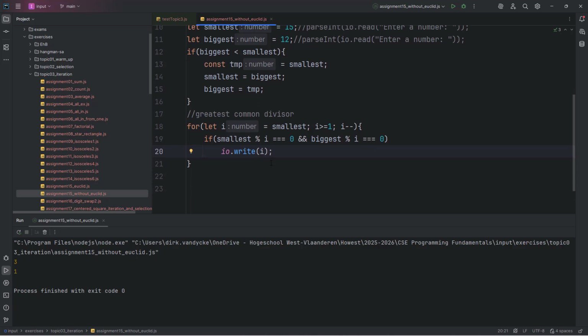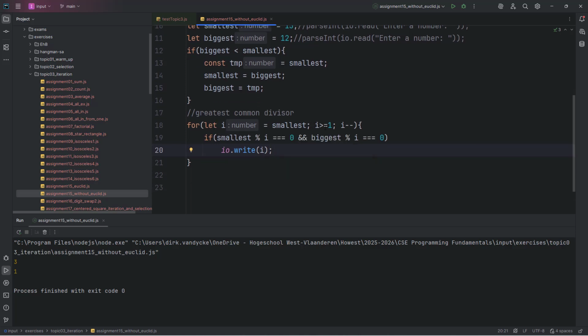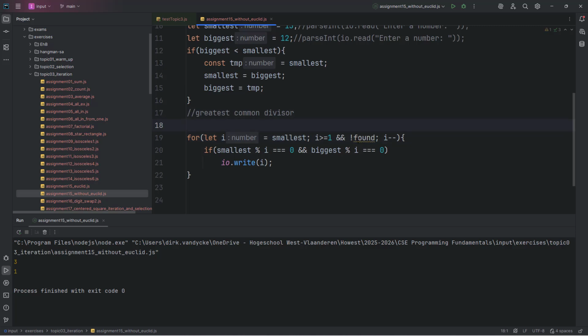So now the only thing I have to do is, while I'm checking and I haven't found, so not found, and found of course will be false because I haven't found the biggest common divisor. Then I'm checking if I is not too small, because if I becomes 1, that's okay. If I becomes 0, I will stop.